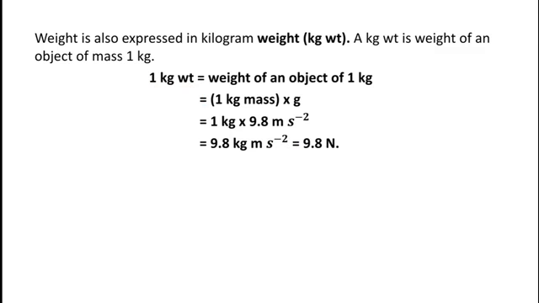Again students, like kilogram weight, there is one more unit, gram weight. Gram weight is defined as the force acting on an object of mass 1 gram due to the gravitational pull of earth.